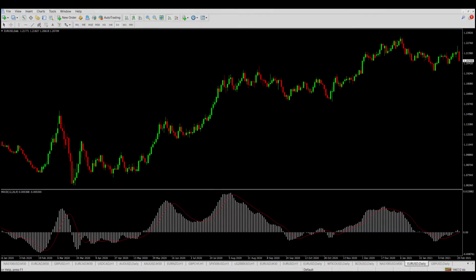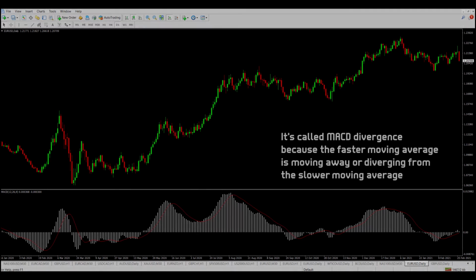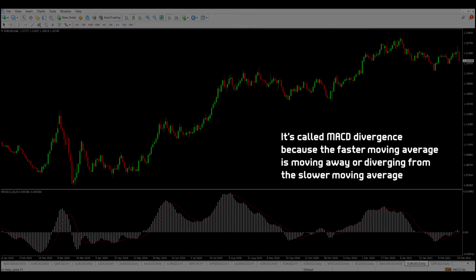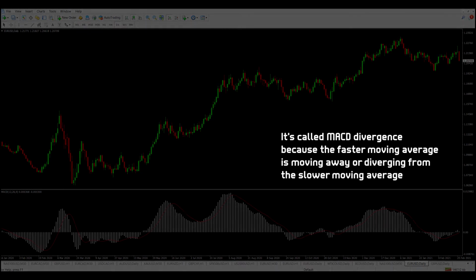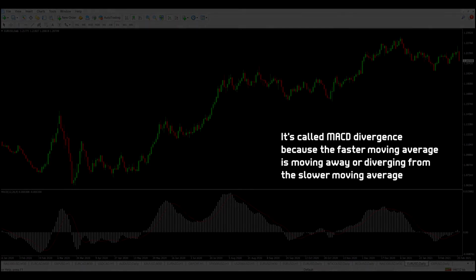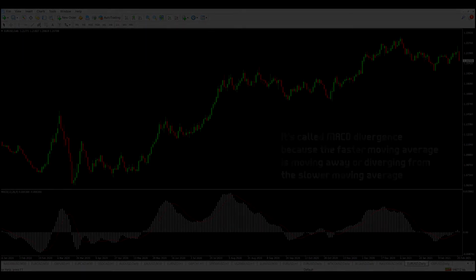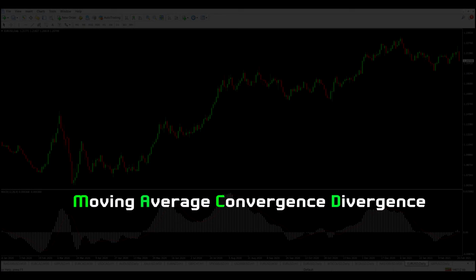The reason why it's called MACD divergence is because the faster moving average is moving away or diverging from the slower moving average. If the opposite is happening, where the faster moving average is getting closer to the slower moving average, then this is called convergence, and the histogram smooths out. This is how you get the name moving average convergence divergence.